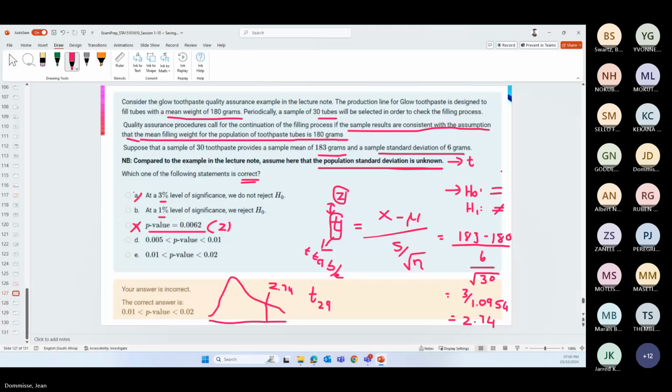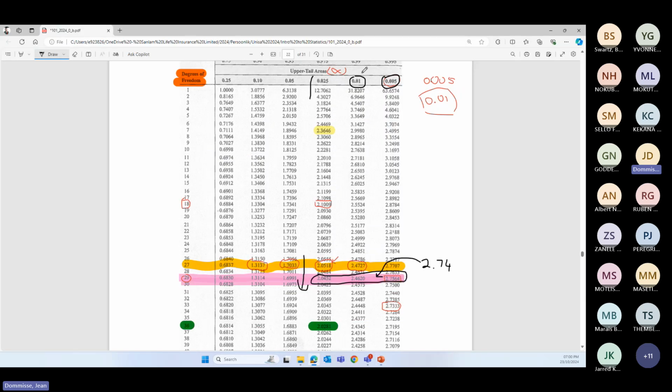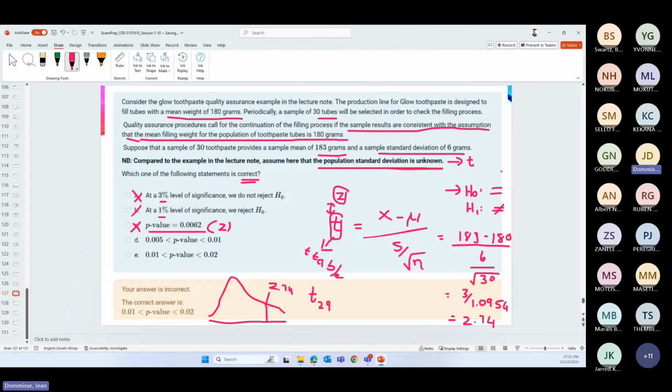So that is not at the 1% level of significance. We reject the null hypothesis. So let's just look at the 1%. I think that was on that one. So no, it's between those two. So it's not at the 1%.